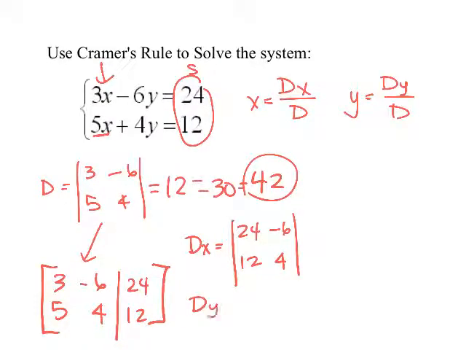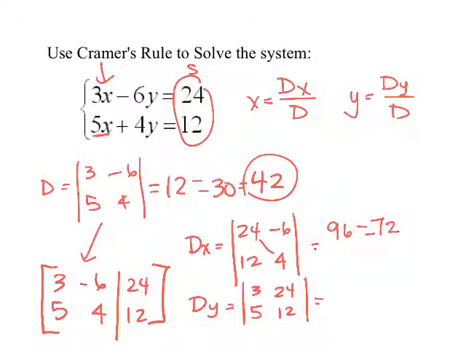And we'll do the same thing for y. Instead of replacing the x column, we're going to replace the y column. So we rewrite the coefficients of the x, and we put the solutions in here for the y. Now we can go through these calculations. For the x, you're going to have 96, and then it's minus -72.